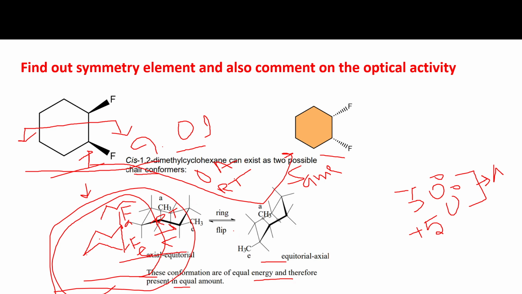The overall molecule is chiral because, when you rotate plane polarized light, the overall net rotation should be positive or negative. If one enantiomer is not in excess, then the overall molecule behaves as an achiral molecule.